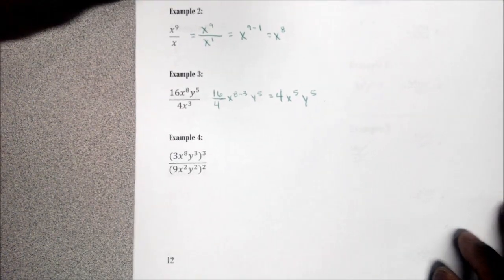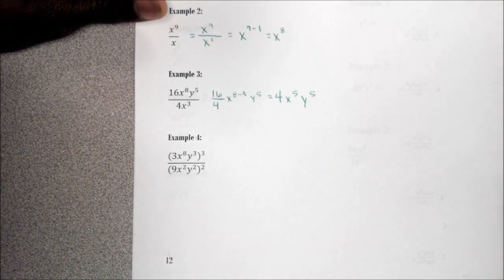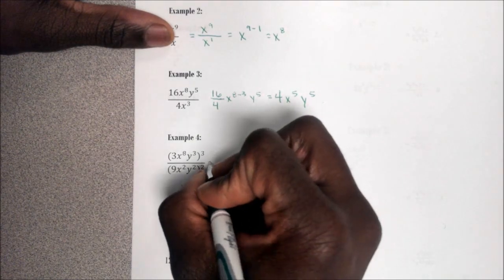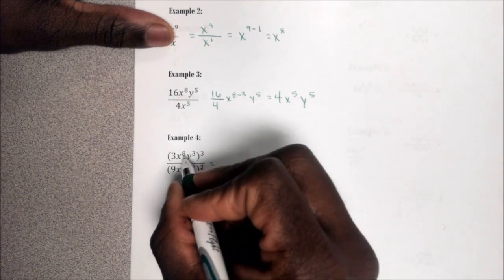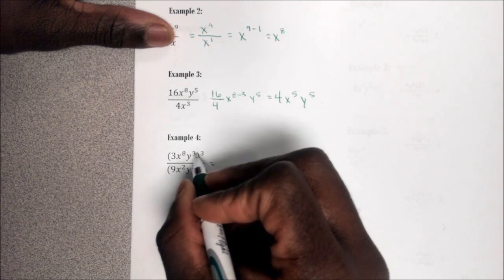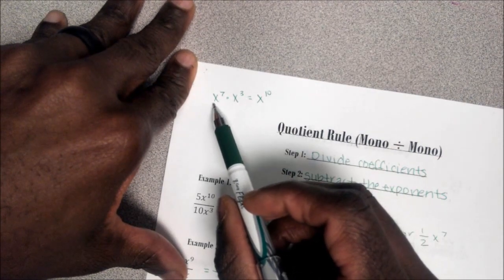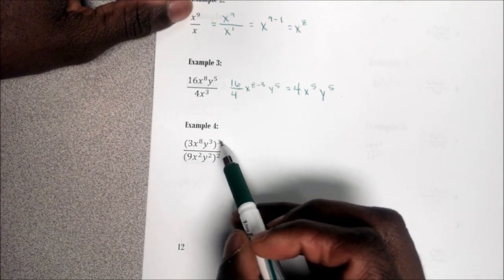And the last one here, we have an exponent outside of parentheses. So this is going to have to use the power to a power rule, in which we distribute this exponent to each one. If there's already an exponent there, we multiply them. We do not add them when it's outside of the parentheses. It's not the same as up here where you have like bases and you're multiplying. Here, you're raising each of these to this power, so you have to multiply them.